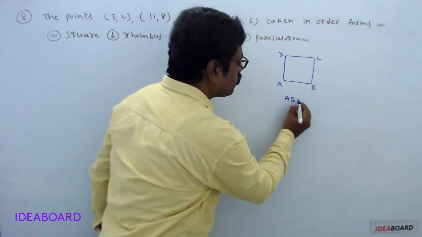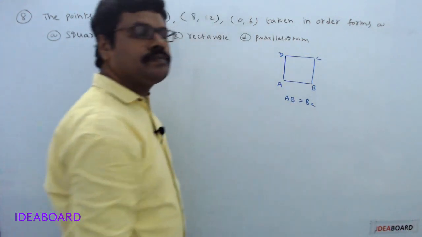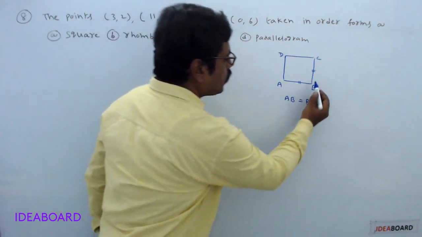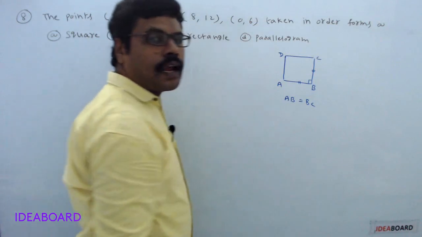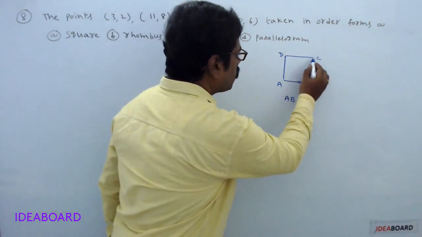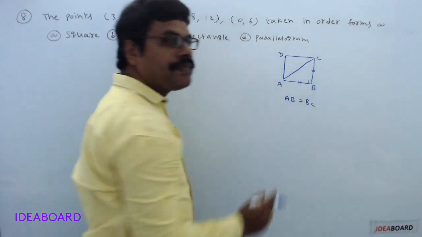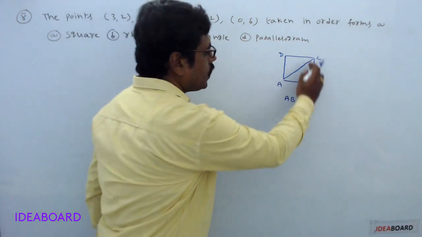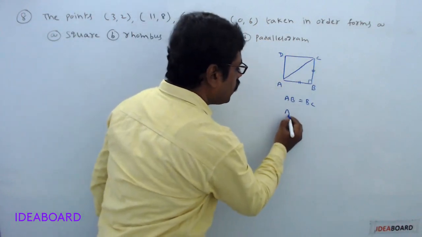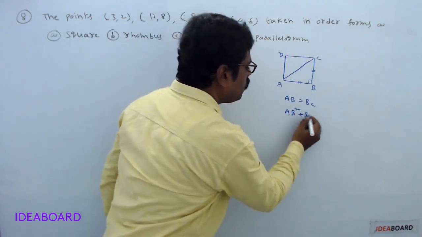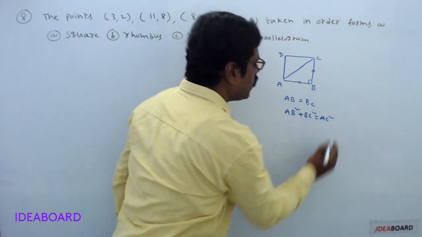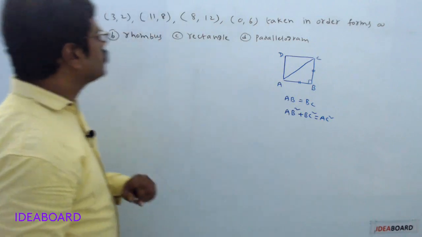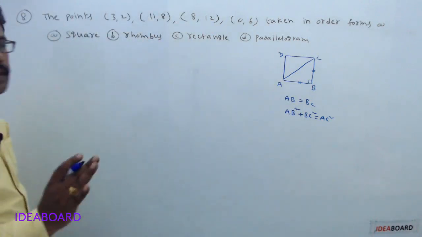So it means AB equals BC. Adjacent sides are equal and the angle between adjacent sides is 90 degrees. So if you connect the points A and C, ABC is a right angle triangle. So use the Pythagoras theorem on this triangle. AB square plus BC square equals AC square. If these two conditions are satisfied, your answer is a square.